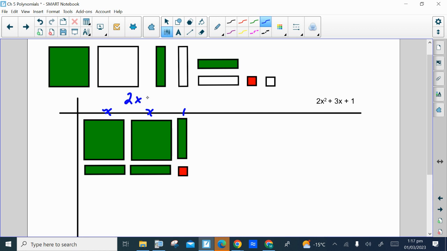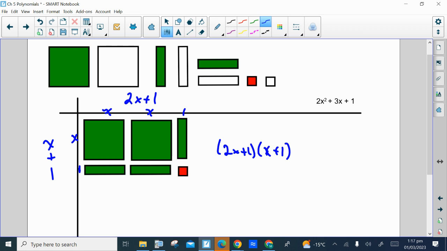That means this is 2x plus 1. On the side, it's x high and 1 high, so that is x plus 1. We're saying that 2x plus 1 and x plus 1 are the factors.